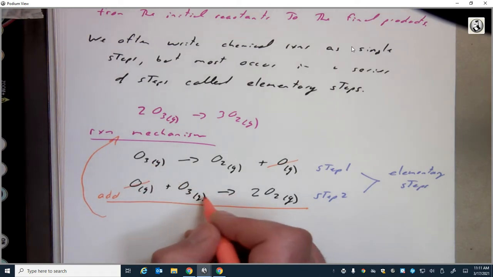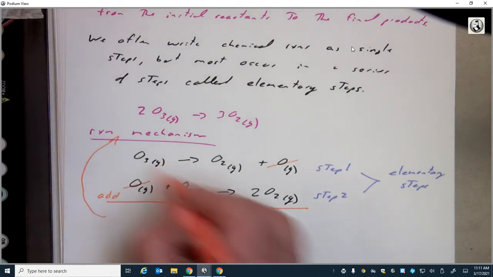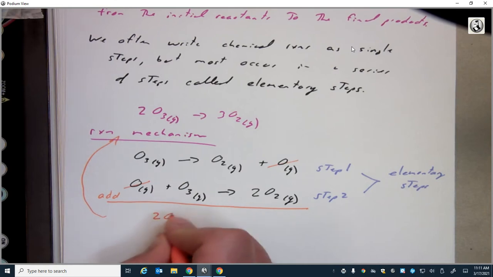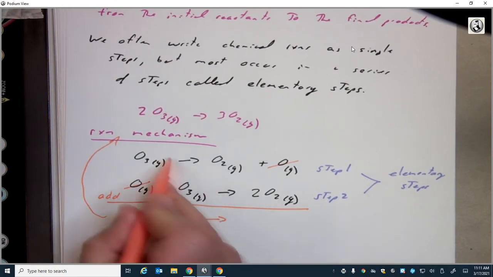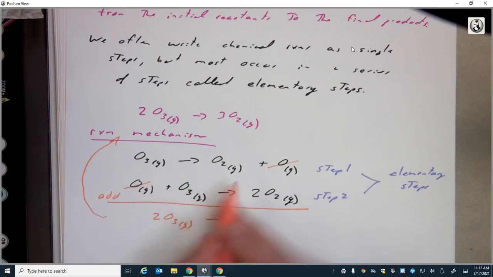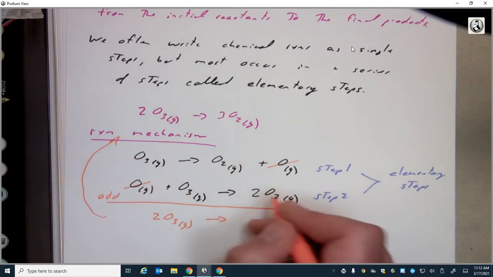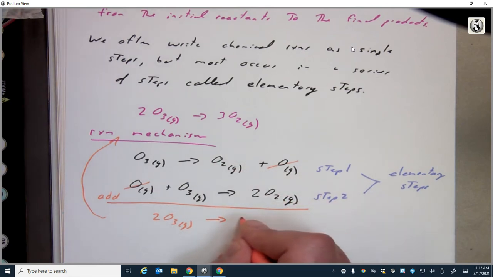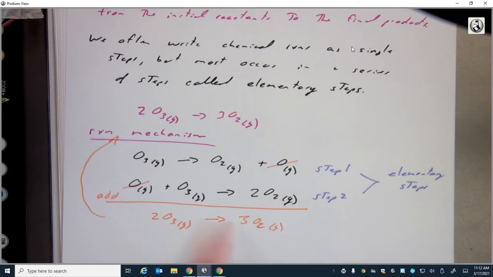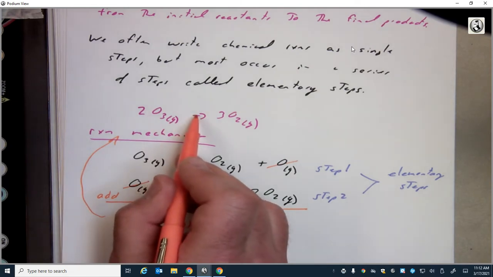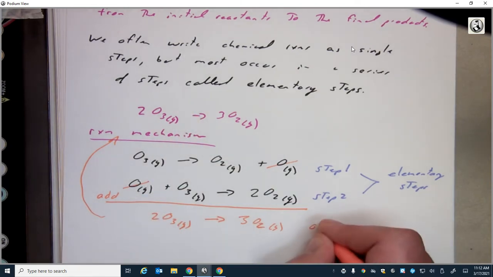We have two O3 gases as reactants. Okay, so here are my arrows. On the product side, I have an O2 here and two O2s over here, so this would be 3 O2 gas. And this matches my overall reaction.